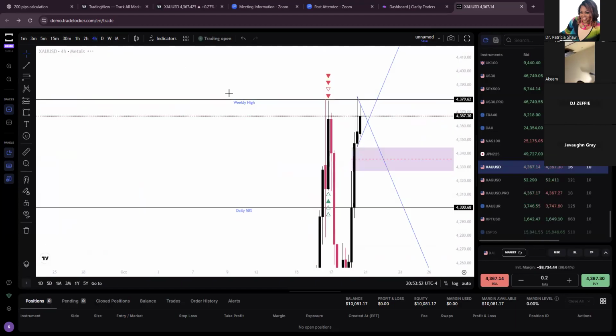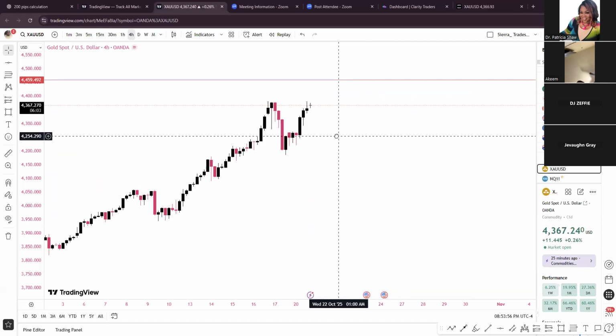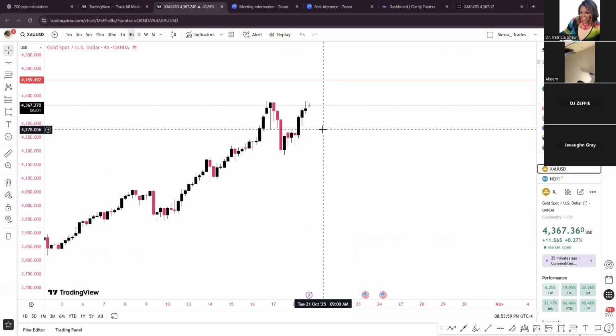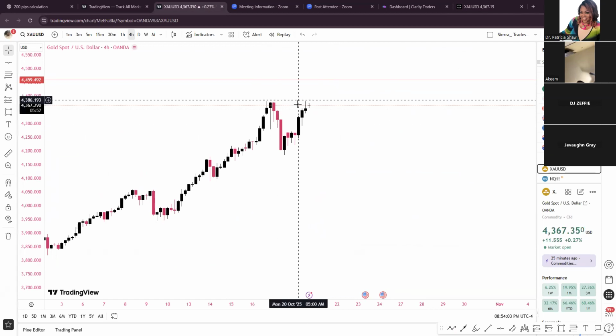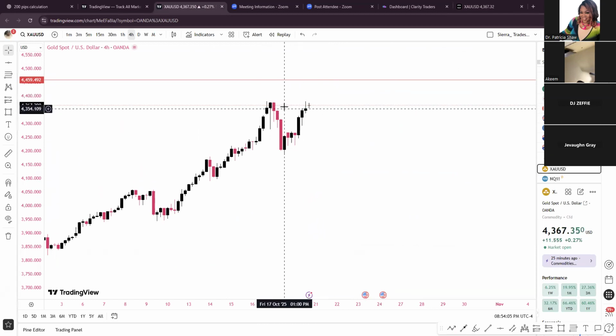So right now we're just waiting for this 4 hour candle to close, and then we'll be looking. So we got 6 minutes left. I probably could have done this at 8 o'clock, but I didn't want price to run a high or a low at like 8:01 while we're trying to mark our charts up.